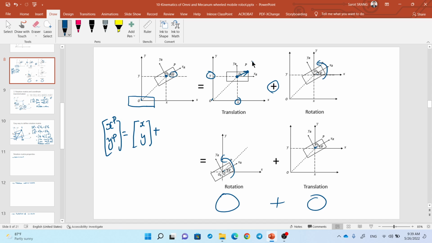Plus, for the rotation part, we just have the rotation matrix in function of psi times the coordinate of P on the robot frame, in this case HRP, YRP in the robot frame, or sometimes just write it as HB, YB. So no big deal, right? So here rotation, this is translation.